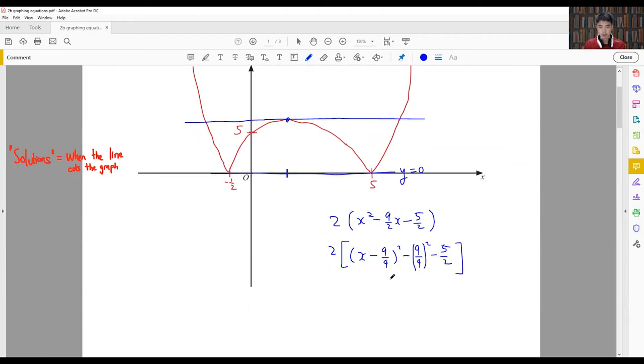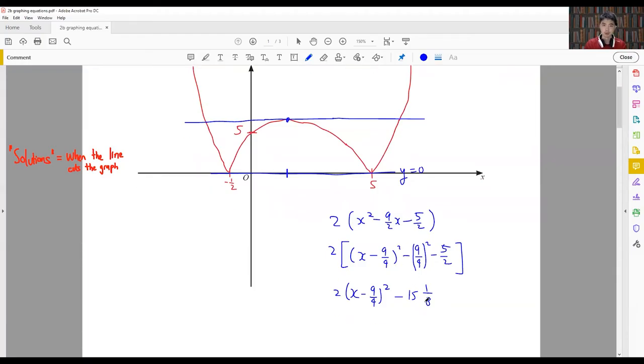Simplify your bracket from here: 2 times x minus 9 over 4 squared, then 9 over 4 squared, so minus 5 over 2, times 2. You would have gotten negative 15 and 1 over 8.